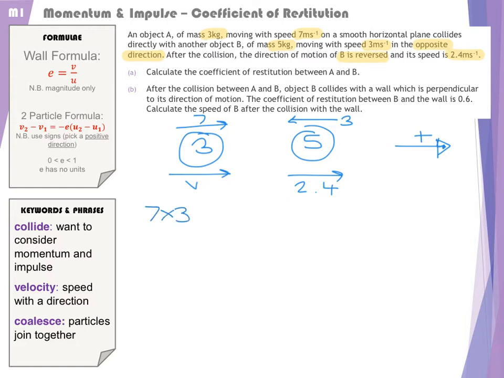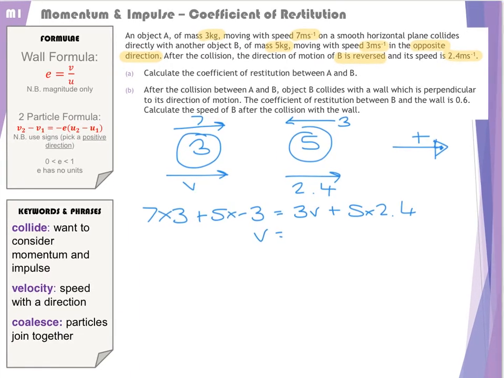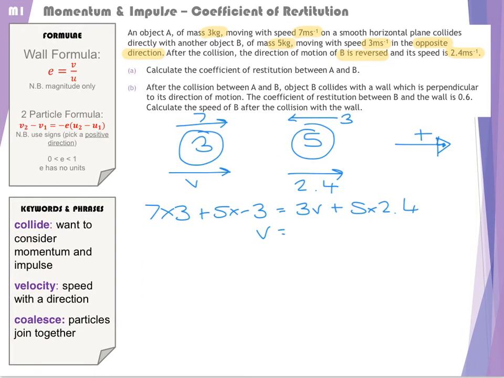So 7 times 3 plus 5 times minus 3 is 3 lots of V plus 5 times 2.4. And we'll do a bit of rearranging there. And that gives me a velocity of minus 6 meters per second. Okay, so what I've learnt from that is that actually it's going to rebound in the opposite direction.